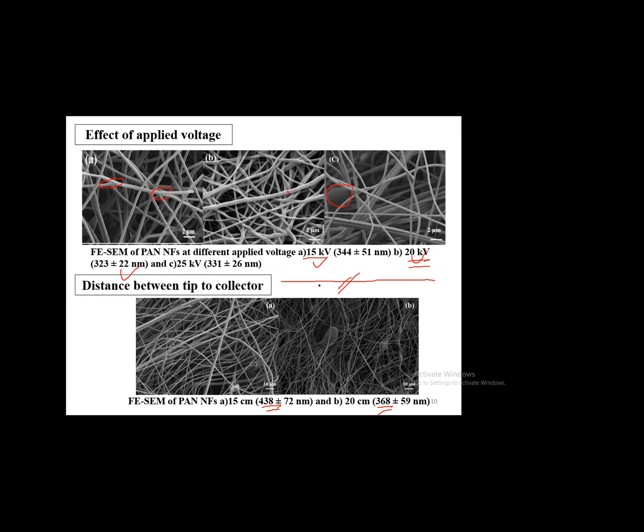Second is the processing condition, that is the applied voltage. Third is the physical parameter like the distance between the tip and the collector plate. As well as the room temperature is very important. Moisture may be there. If moisture is there, then the drawing of the fiber is very sticky, and some layer by layer formation is possible, and you will not get the proper fiber.